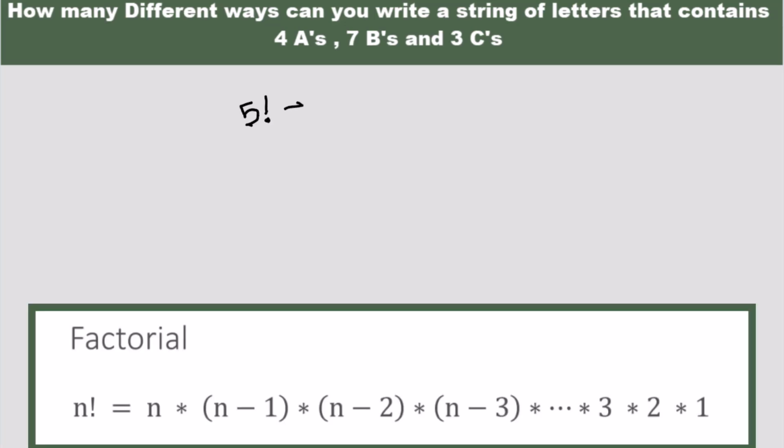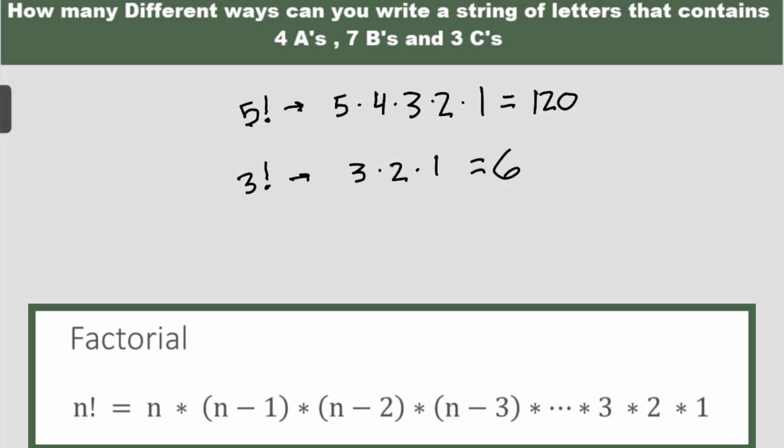What this means is that we're going to take 5 and multiply it by every number less than it until we get to 1. In this case, this would be equal to 120. If I gave you 3 factorial, you would do the same: 3 times 2 times 1, and that's equal to 6.